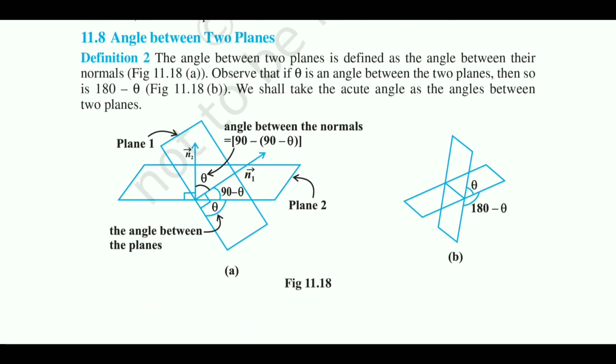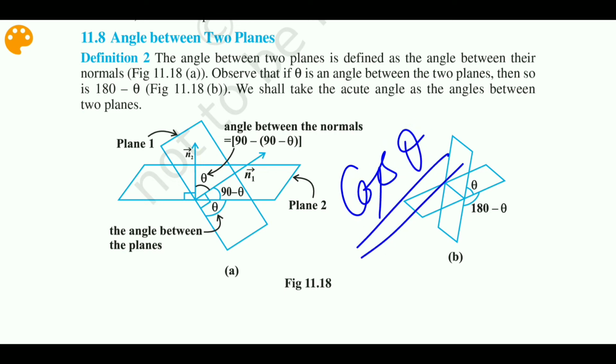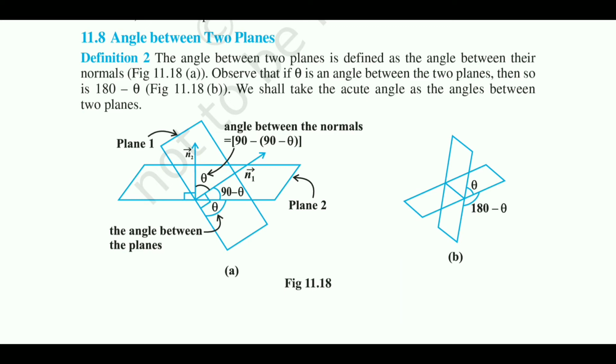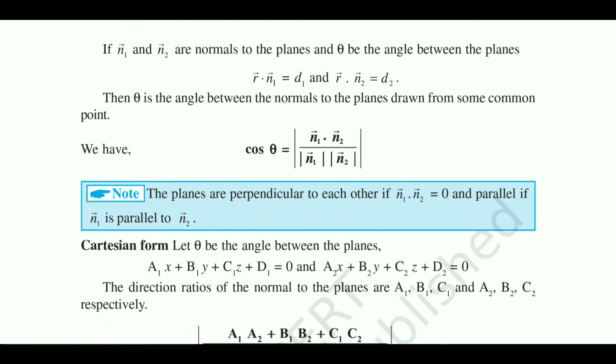Now the angle between two planes. Whenever you are required to calculate the angle between two planes or two lines, you have to take the cosine of the angle between them. The process is simple.